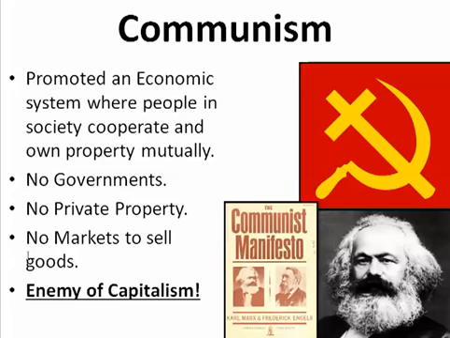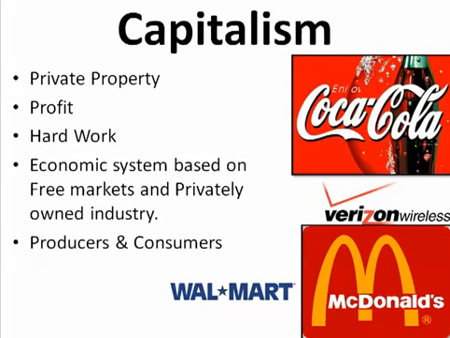Some people think this is a pipe dream. It really doesn't work. So in the United States, we don't operate on communism, we operate on capitalism. And under capitalism, there are going to be haves and have-nots. There's private property, and people invest in private businesses, like Walmart, McDonald's, Verizon, Coca-Cola.